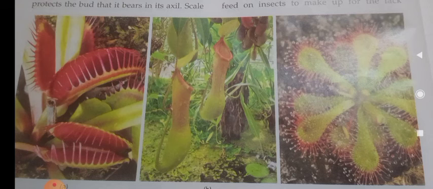All these eat insects for nutrition, because these plants don't have enough supply of nitrogen. To compensate for that, they take in insects. Look at their leaves. The leaves are modified like teeth to swallow the insects.